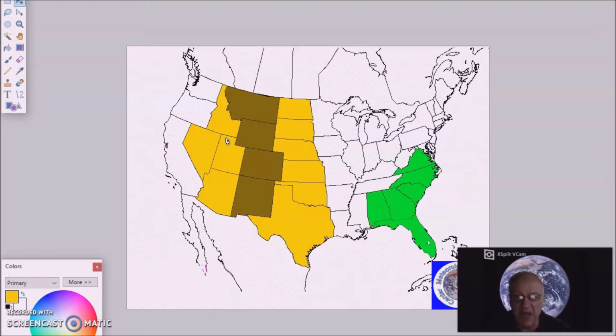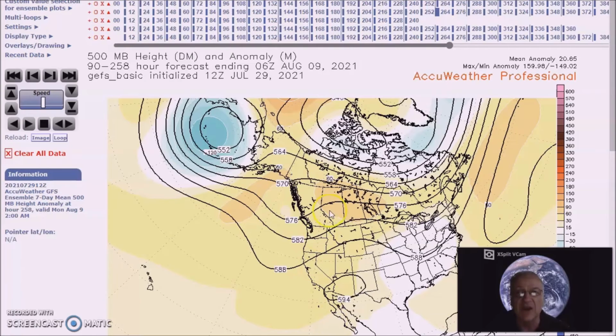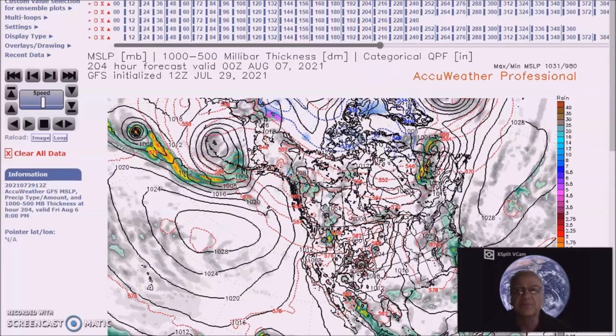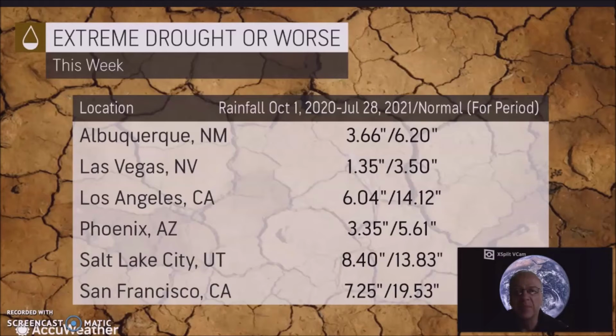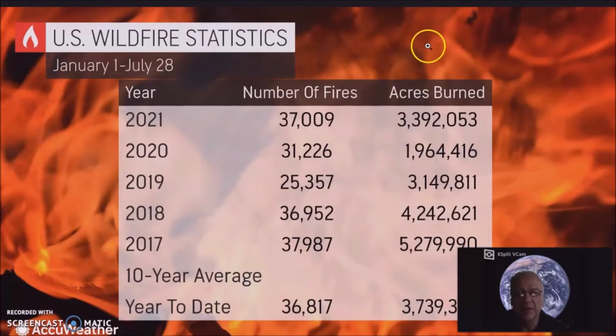Another thing I want to look at here is the western fire situation. This is the map of active fires. You can see it's more concentrated across the northwest. And this is the acreage burned to date.